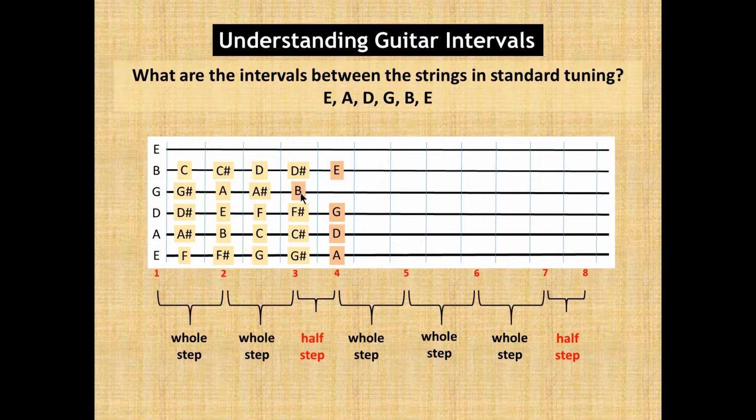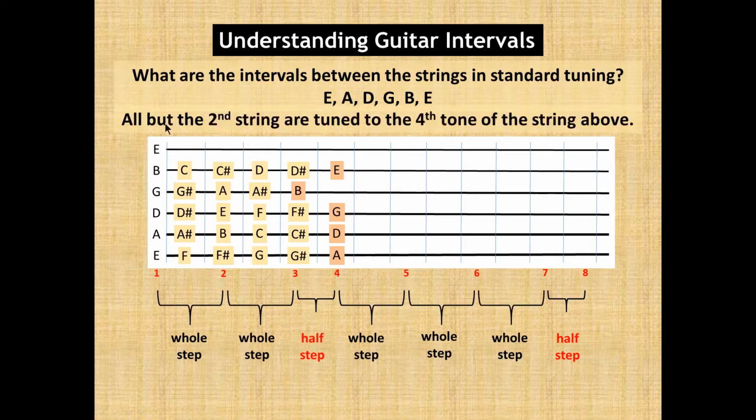And here's where there was a little bit of an anomaly: for the B string, you were playing the 4th fret of the G string. And then you're back to, on the B string, you play on the 5th fret, and that gives you the open E. So this gives us a clue that, in fact, except for the 2nd string, guitars are tuned to the 4th tone of the string above it.